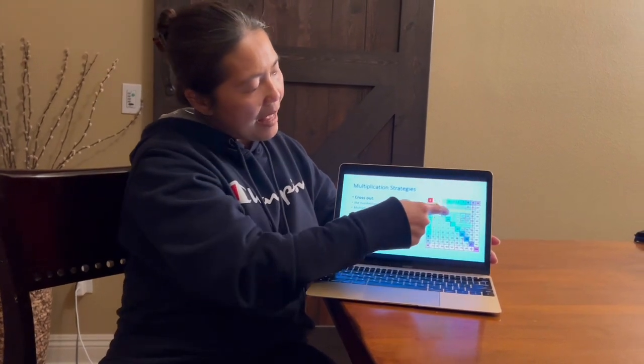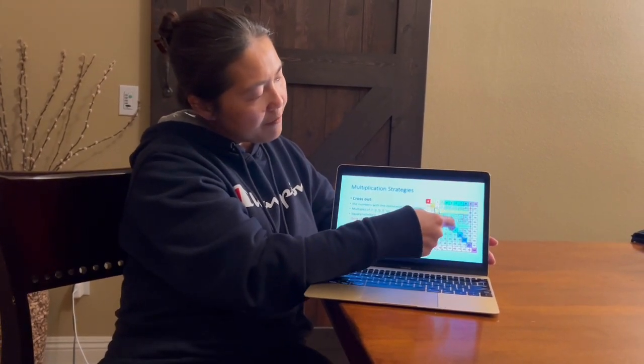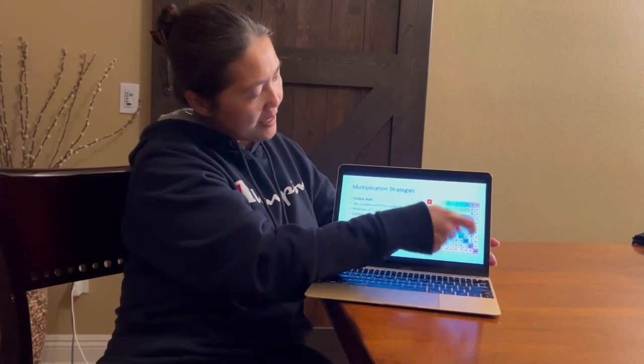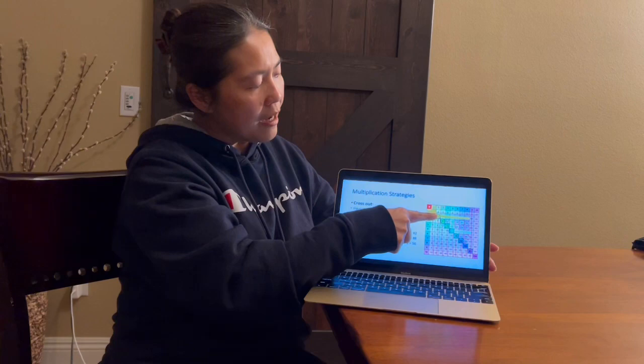The multiples of 1s, 2s, 5s, 9s, and 10s. And also we learned how to square the numbers. And so what's left? Only 10 multiplications to remember.